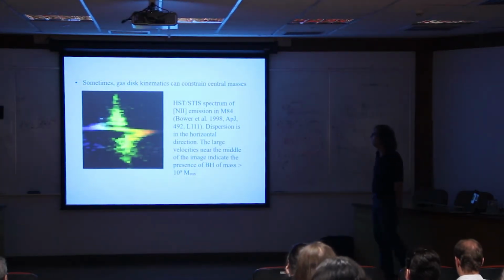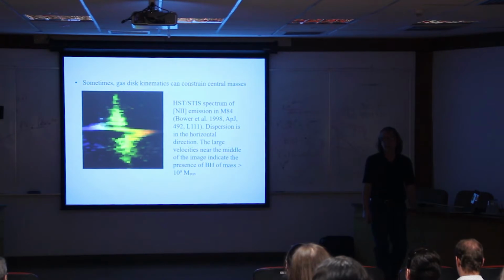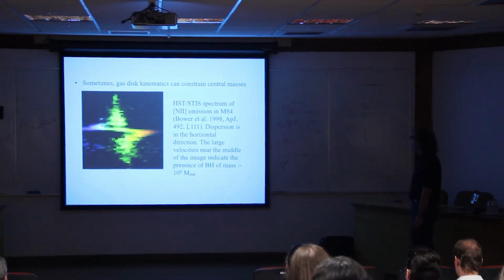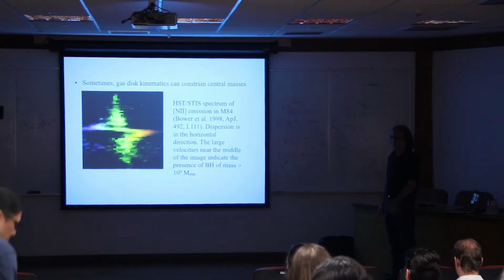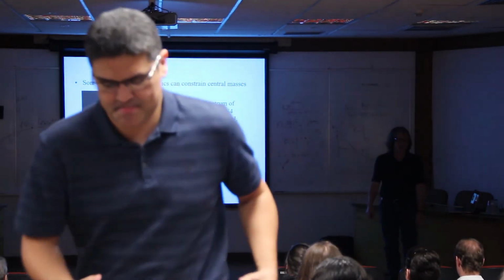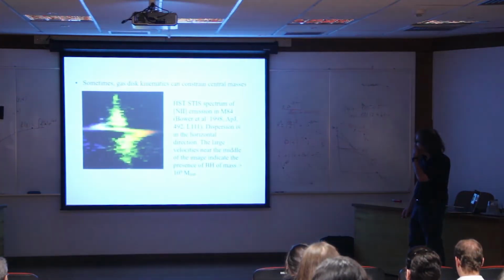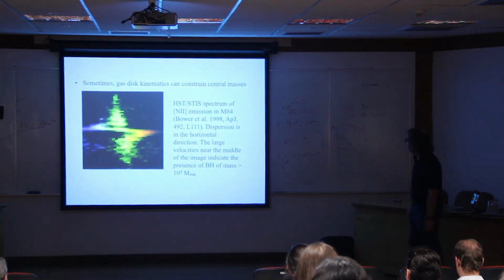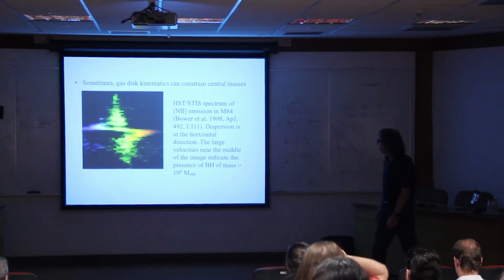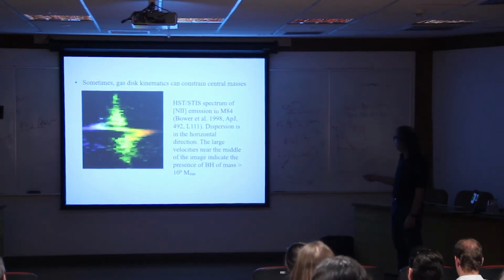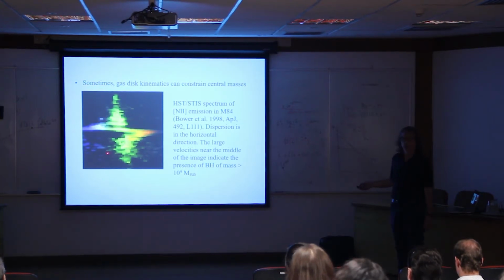And there is STIS. This is an image made from the early release observations of the Space Telescope Imaging Spectrograph, which was installed in Hubble in 1997. This is a 1998 Astrophysical Journal Letter. And this is a false color image of forbidden nitrogen-2 emission in the center part of a giant elliptical galaxy, this time M84. There's a disk of gas in the center part of this galaxy.